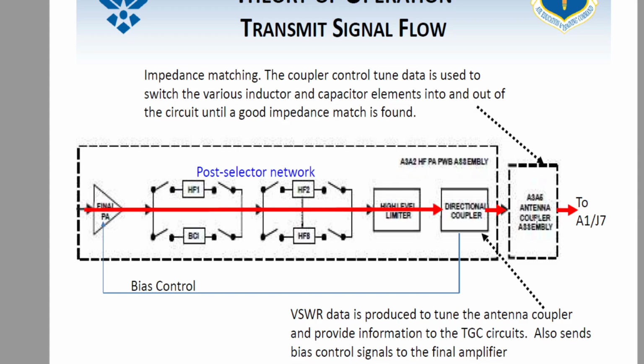Now, the reason the antenna coupler is so important is because it's what helps fake the electrical length, which you guys are going to learn about in block 4. You're going to learn about electrical length and measuring out wires and things like that. When I got to go TDY, I got to actually run a cable out for an antenna to talk to another state from the place we were at.